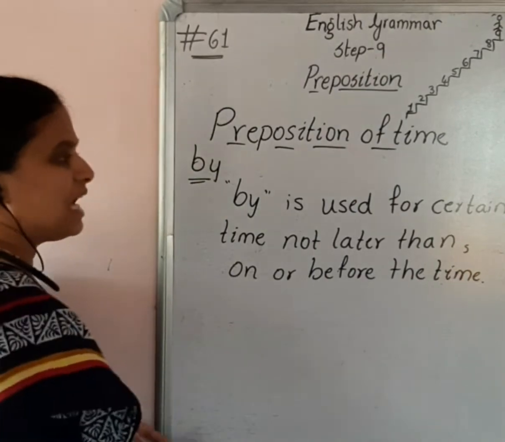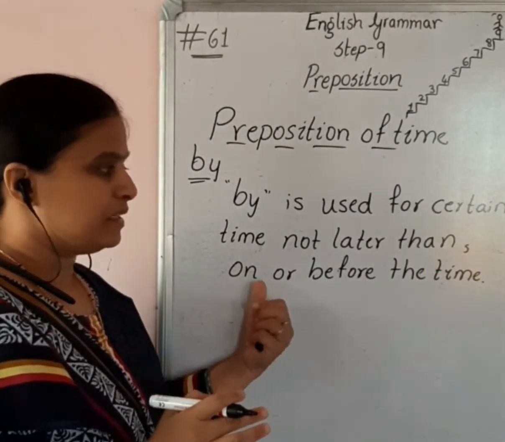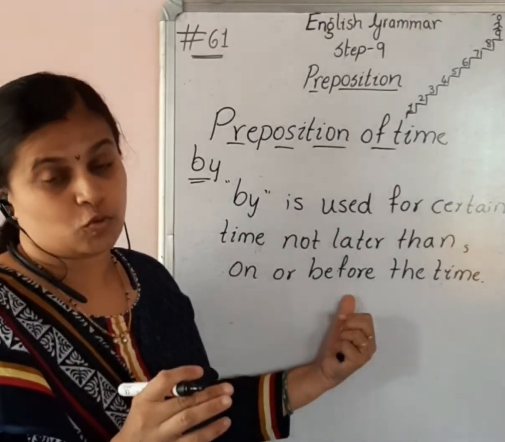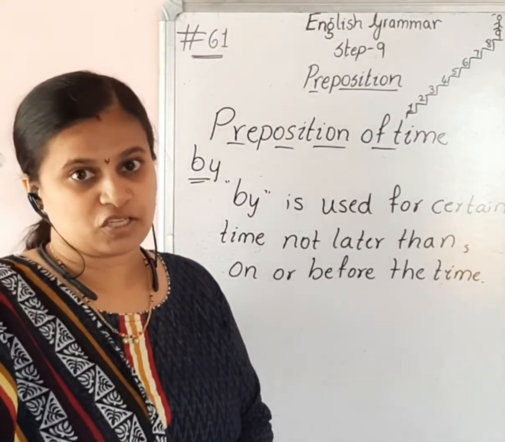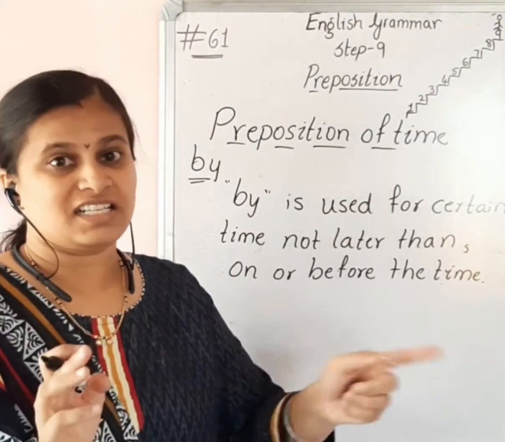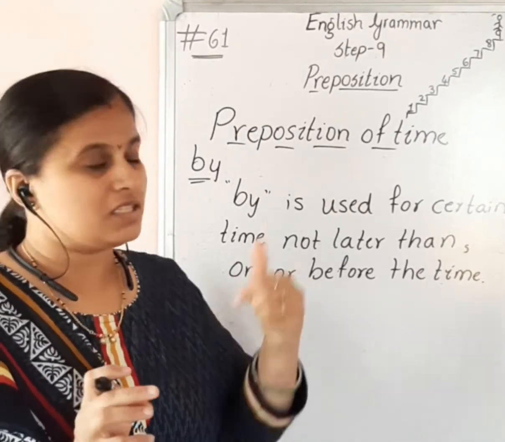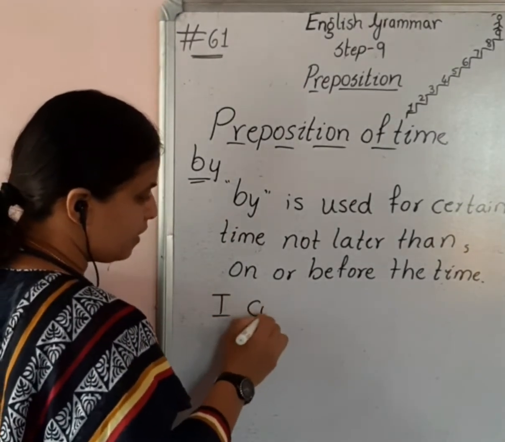Whatever task is given, whatever work is there, it may be completed at that particular time, or it may be completed before. But if you want to mention a precise time, then the preposition at is used. But whereas in a sentence, if you are just going to complete the task before, you can use by there.